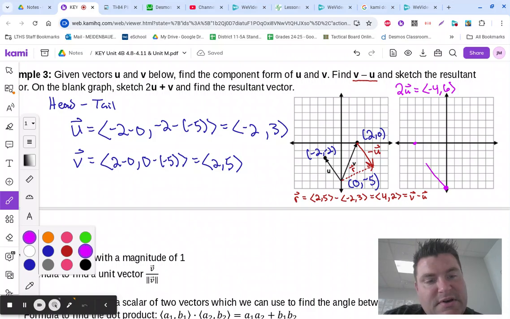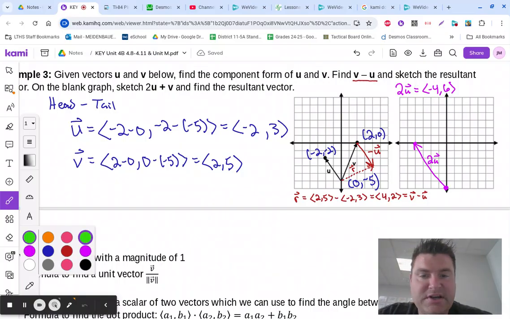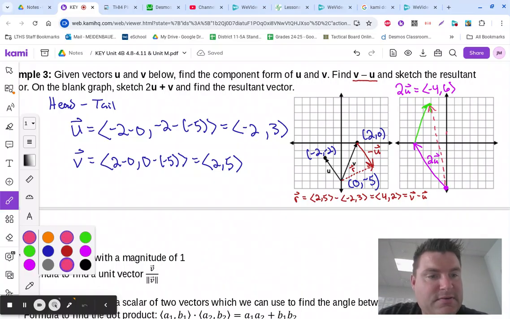This is going to give me the vector 2u. And then in green, I'll do v, which I know is 2, 5. Oh, kind of missed there a little bit, but close enough. And then in pink here is the resultant of that, which is going to be 2u plus v.